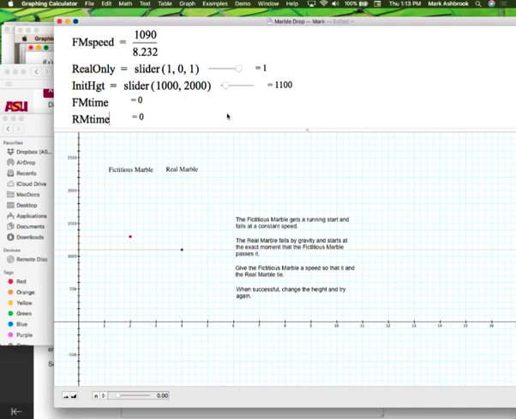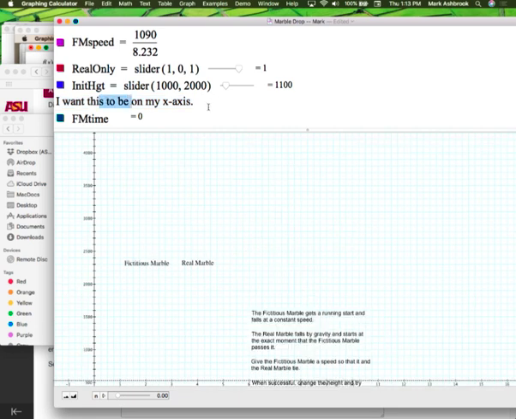So you can start a text line. It's like, I want this to be on my x-axis. And then you can highlight it, and you can just grab. Oh, it's not working. Why is it not working? It's weird.